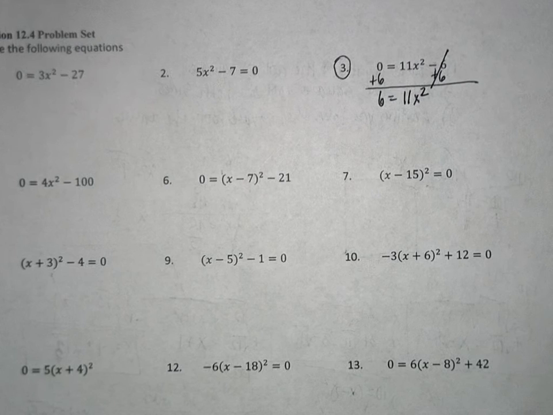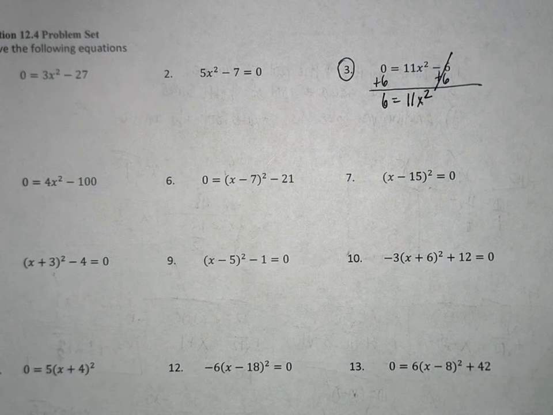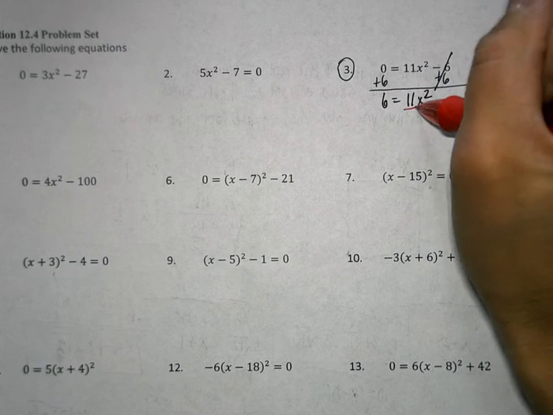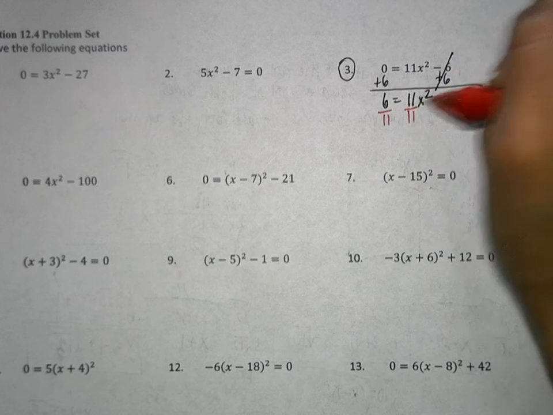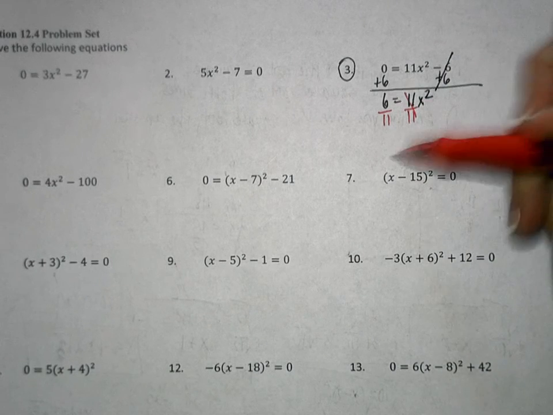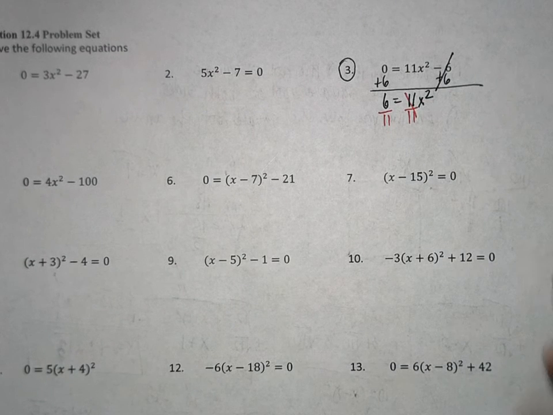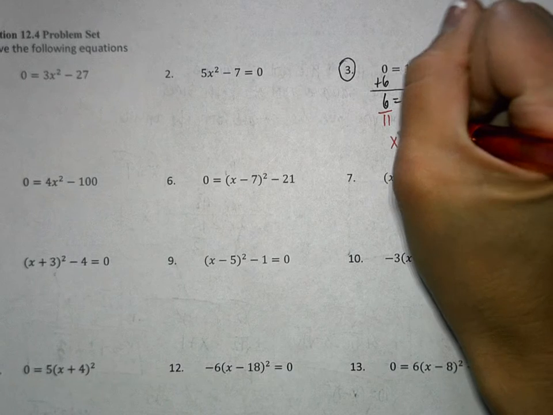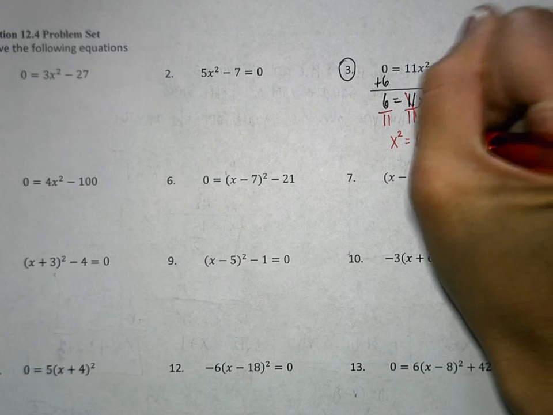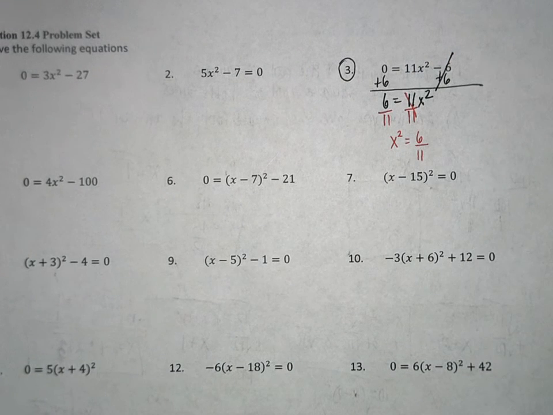What is next? Divide by 11. Now, can this reduce? No. So right now I have x squared equals 6 over 11. What is my next step? I have to square root both sides.